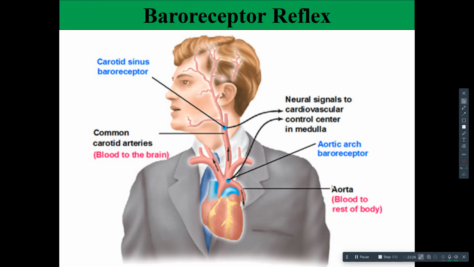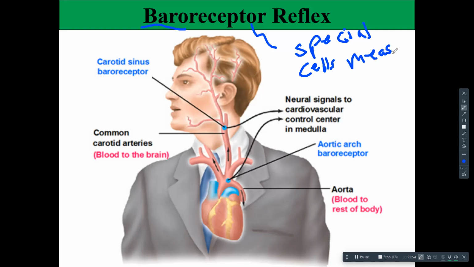All right. So there's this thing called the baroreceptor reflex. And baroreceptors are special cells, and they are measuring something. Go back to chemistry or physics class and remind yourself what this prefix baro means. Baro means pressure.